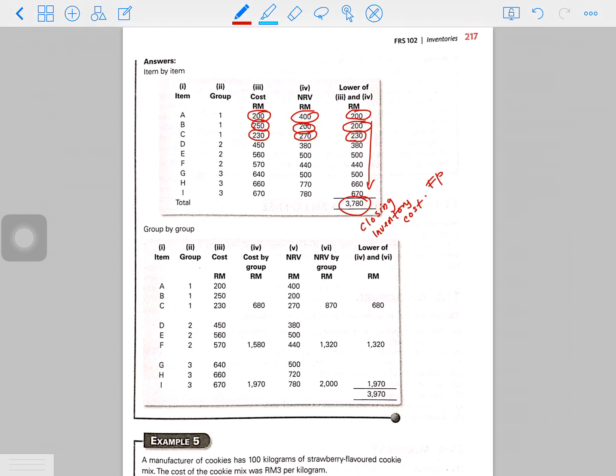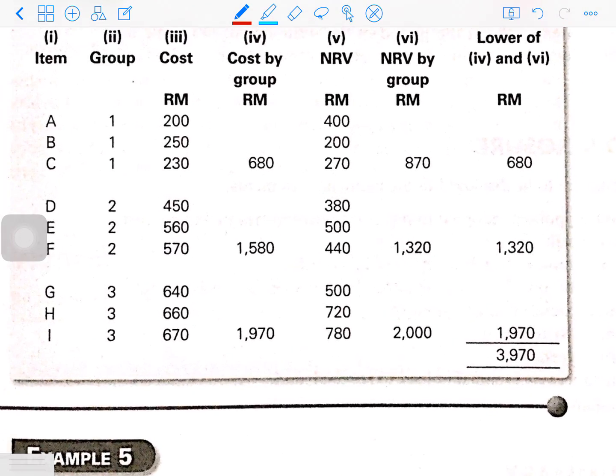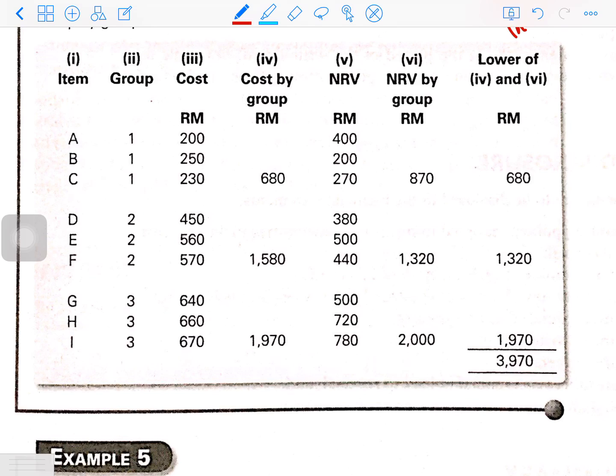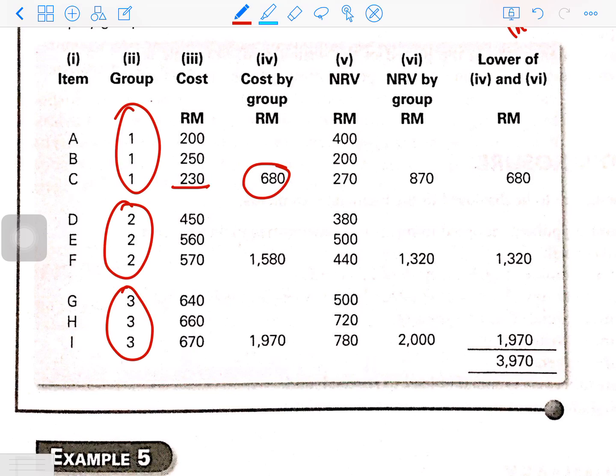What happens if you use group? You can group this according to the type of the item, right? Type 1, you group it. Type 2, you group it. Type 3, you continue to group. So this is the cost and this is the NRV. Which one is lower? So you total up first. Total up the cost, you get 680.